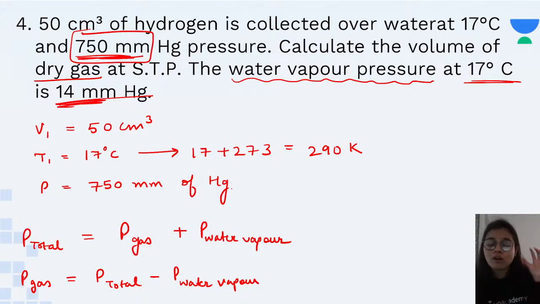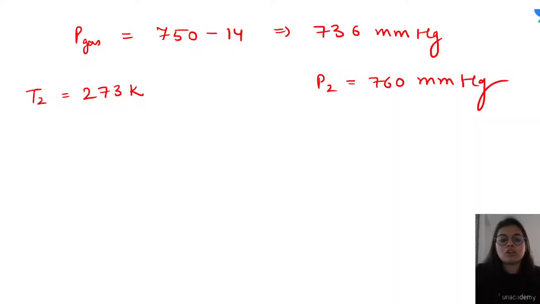For this equation we have to get the pressure of gas, but we have been given the total pressure. And how to get the pressure of gas? We will subtract the water vapor pressure from the total pressure. Now what is our total pressure? 750, and what is water vapor pressure? 14. So that is why we subtracted 14 from 750. Is it okay? I hope that is clear.